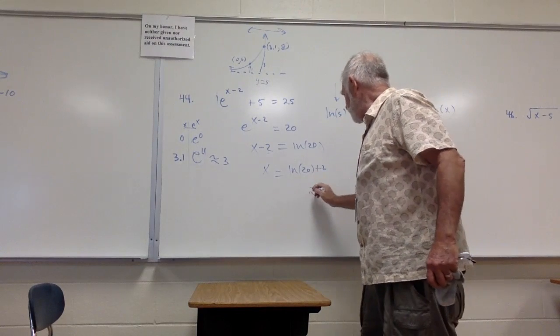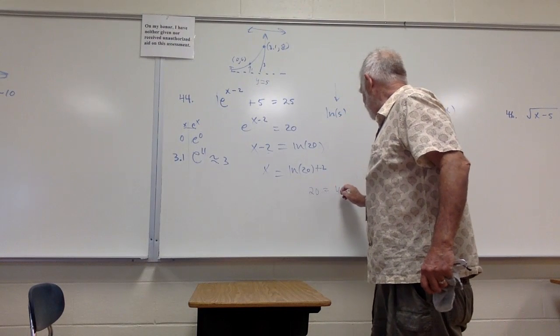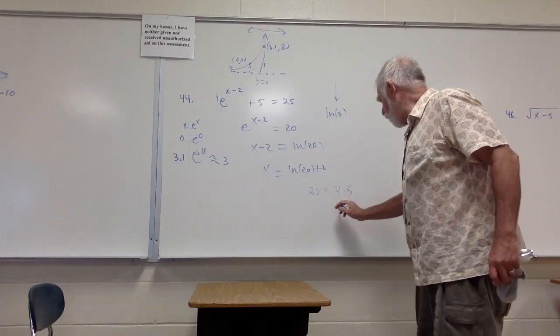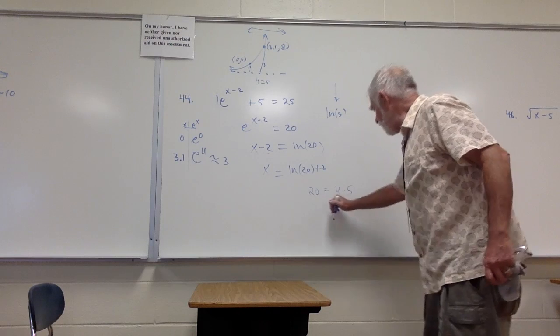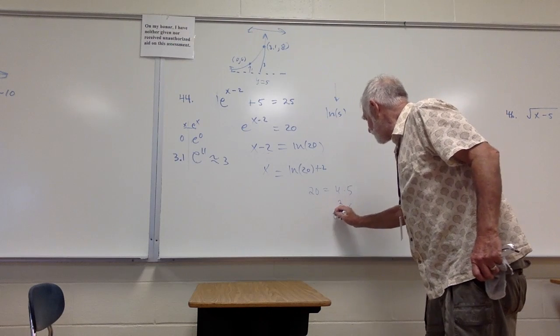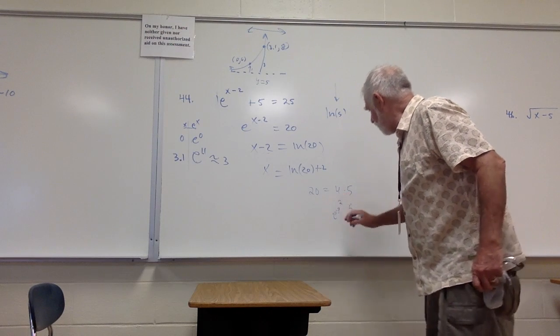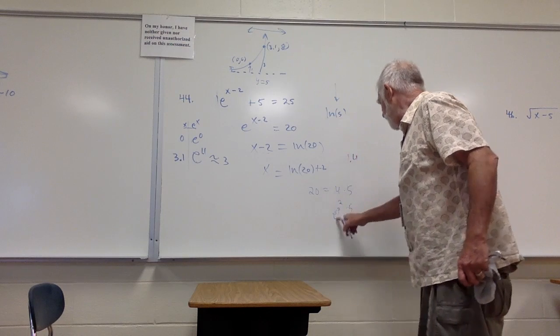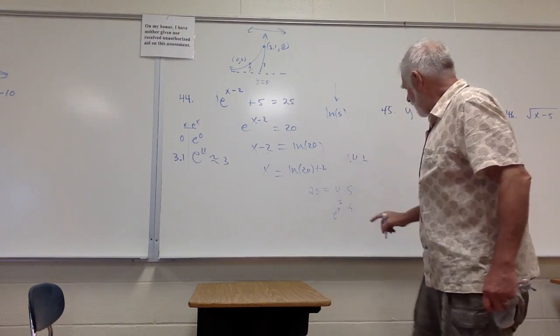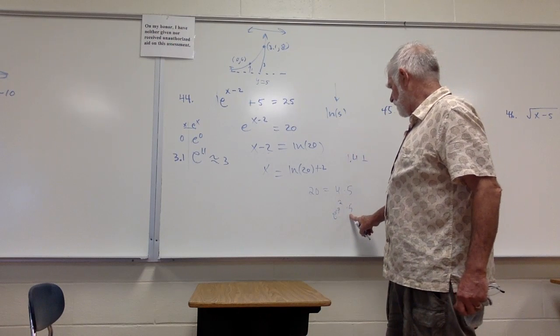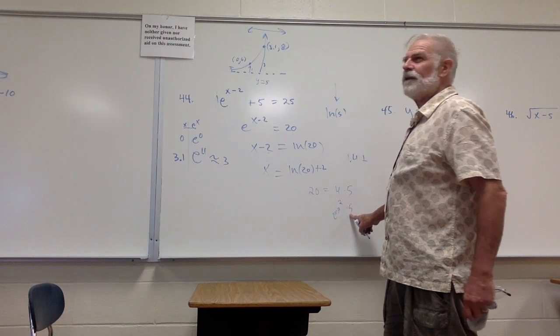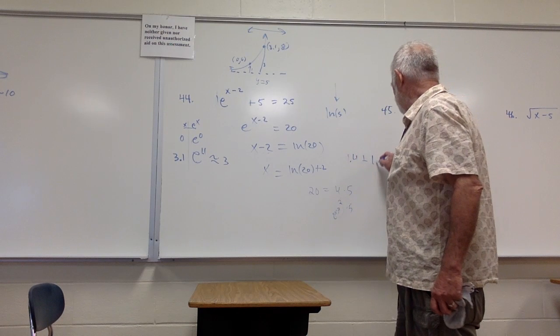But I know that 20 is equal to 4 times 5. And I know 4 is 2 squared times 5. I know 2 is e to the 0.7. So this exponent is 1.4. And I know multiplication is addition. And I think the ln of 5, I think it's about 1.7-ish.